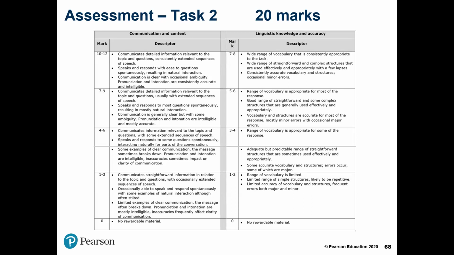So if we have a look through the 10 to 12 descriptor, communicates detailed information relevant to the topic and questions, consistently extended sentence sequences of speech. Okay, so perhaps this is the candidate is linking ideas together well. They're producing longer sentences. Their English is nice and fluent here.